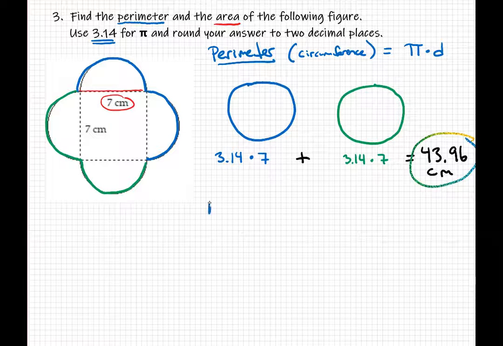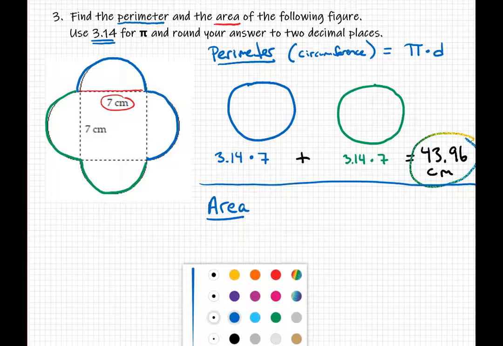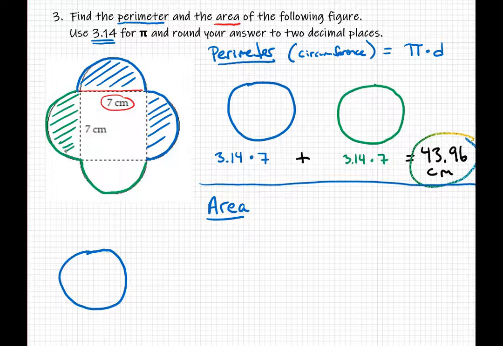Now for area. Okay, so for area, again, we have 1 circle coming from here and here. Okay, so there's 1 circle. We have a second circle coming from here and here. Okay, so there's circle number 2.